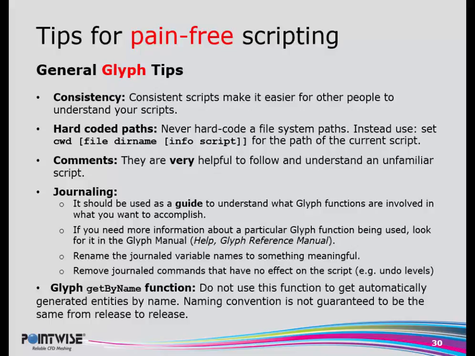And that's okay if I've named it con-a. But if I'm just using the named entities from Pointwise, it's probably not a good idea to use getByName because in the future we may change those entity names, right? And your script will break, okay? So if that's the case, you may need to implement some more logic to identify the entities that you actually need to use.